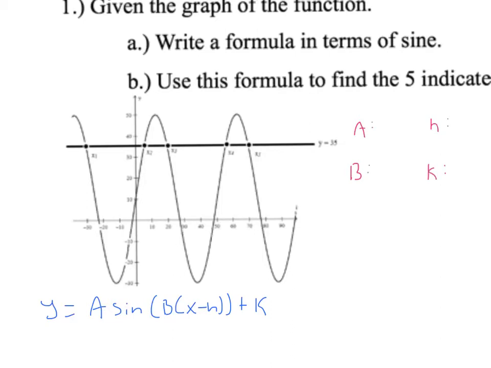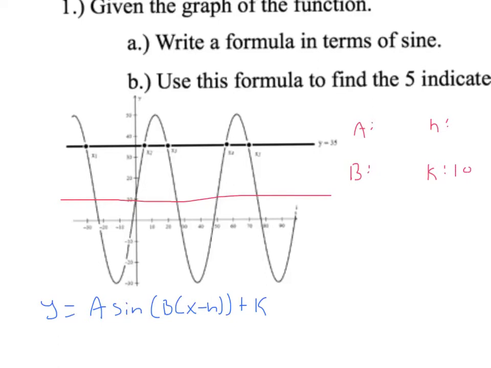I think it's easiest to first find the midline, because if I look at the maximum value of 50 and the minimum value of negative 30, the midline is going to be the y value that's the average of those two. So the y value that's in the middle of those two is 10. So let's draw in this midline, 10.